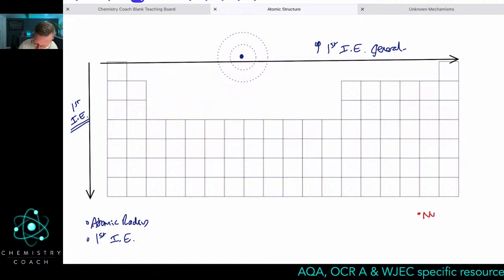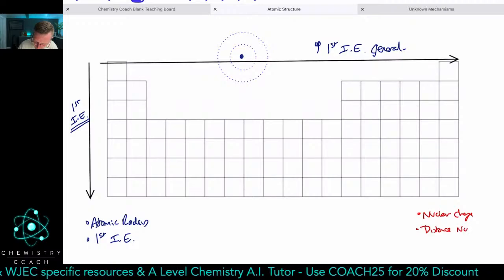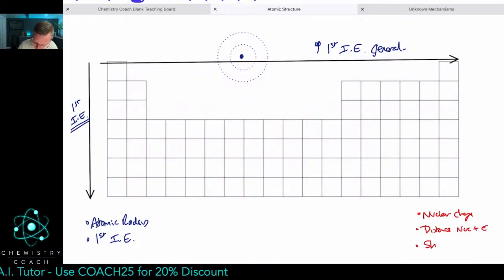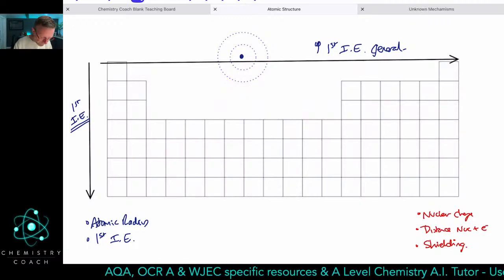We've talked about nuclear charge, distance between the nucleus and electron, and shielding as well. So if we can apply these three things to these other areas, that means we don't have to remember other trends, okay?